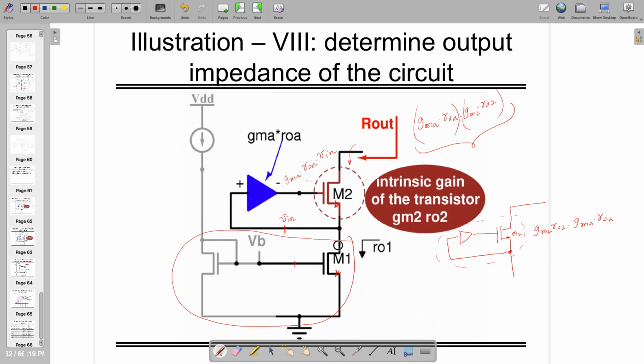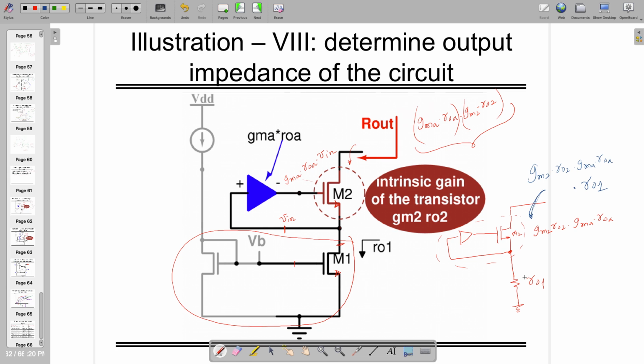And looking from the drain side, we are always going to have ro1. So looking from here, we should have gm2 times ro2 times gmA times roA times ro1. So both the impedances are going to be multiplied. This is what we need to do.